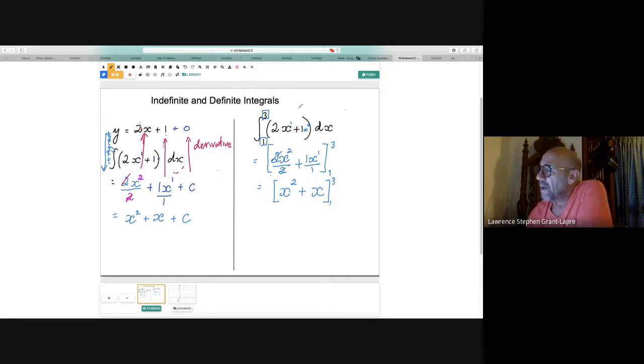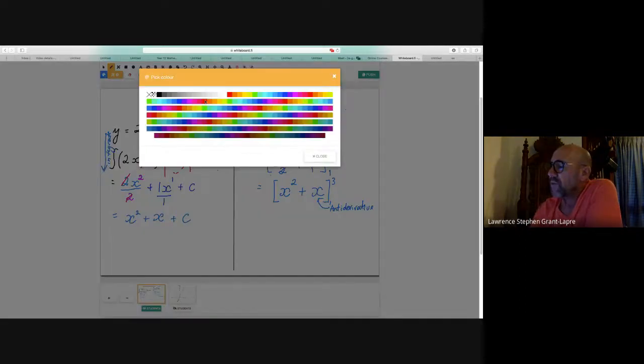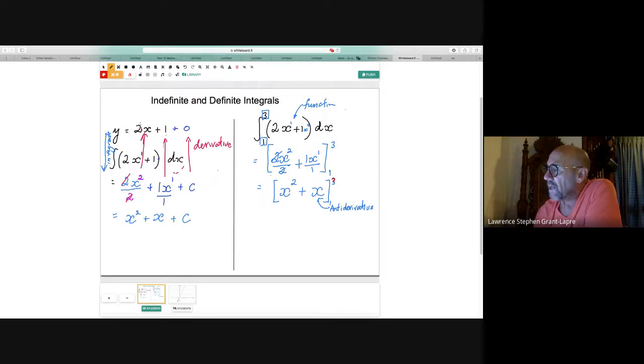Up here, we have the function. And down here, we have the antiderivative or the integral. Now, what we have to do with the 3 and the 1 is first substitute 3, then substitute 1 and subtract. All right, so let's put a 3 for x.